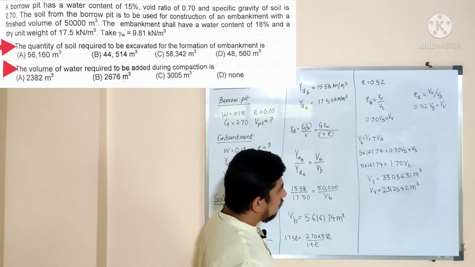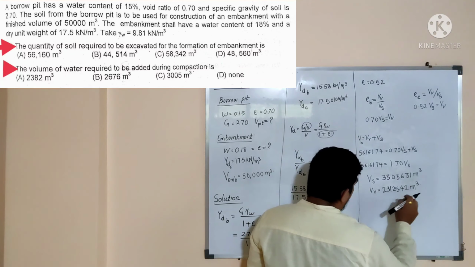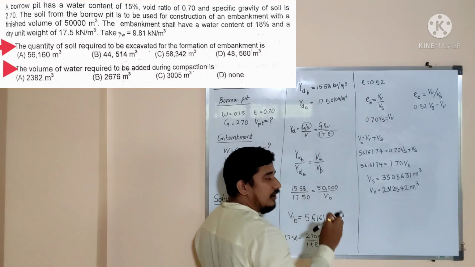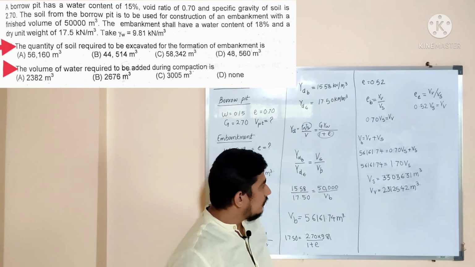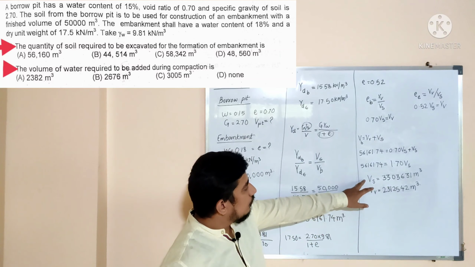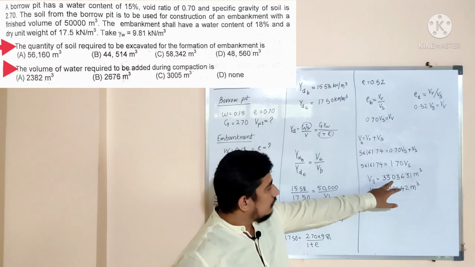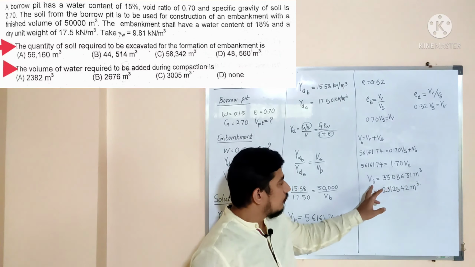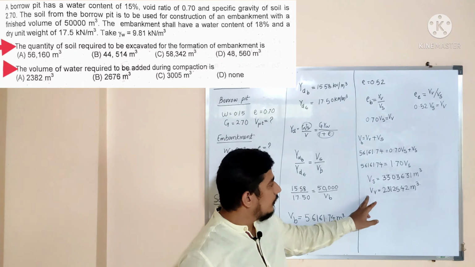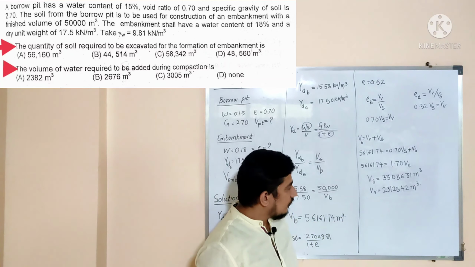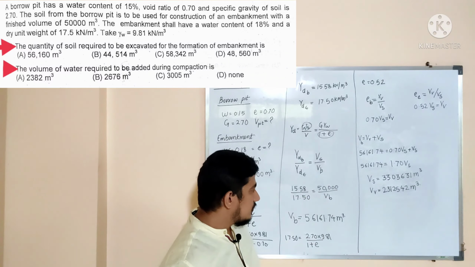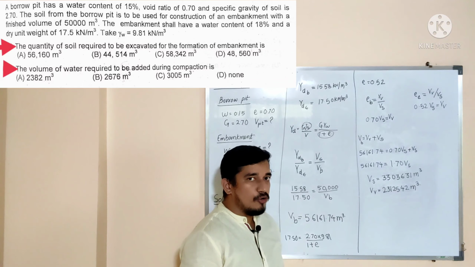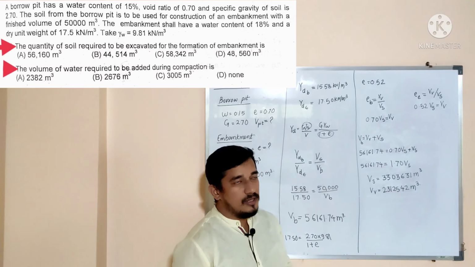Now, when the soil was excavated from the borrow pit, the volume of solids is 33,036 meter cube, and the volume of voids will be almost 23,000. So the volume of solids is going to be constant whether it's the borrow pit or the embankment.